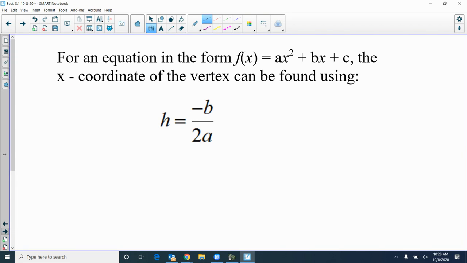If it's already in that ax squared plus bx plus c form, we can find the x coordinate of the vertex by the following equation. So h equals negative b over 2a.